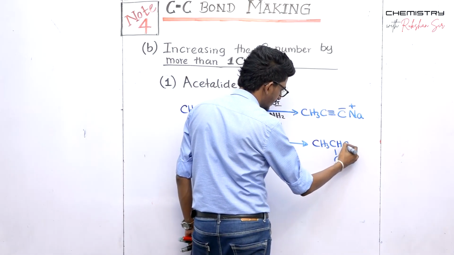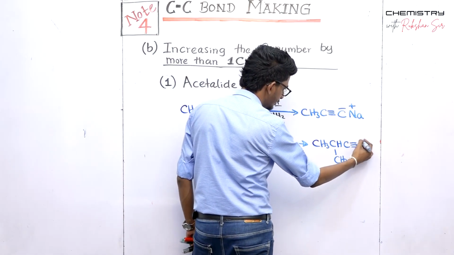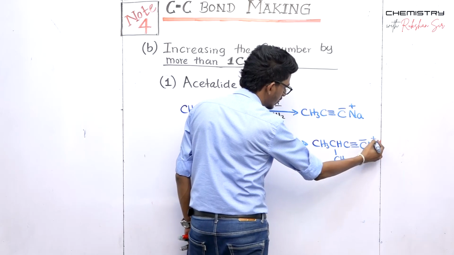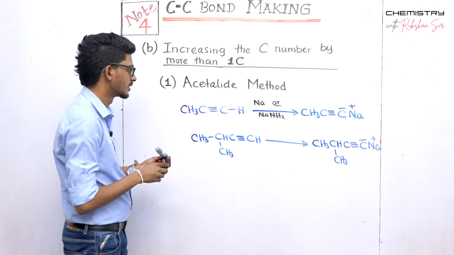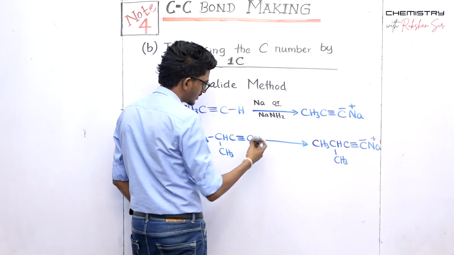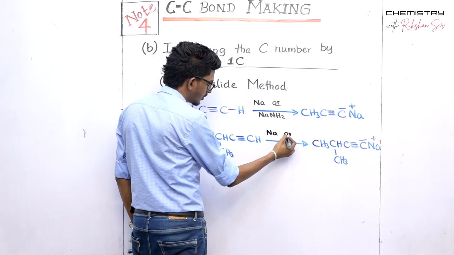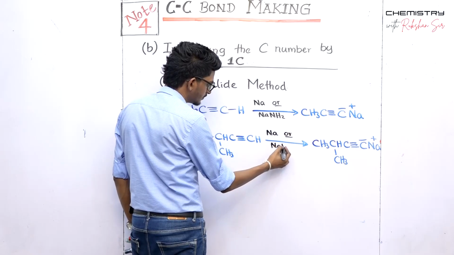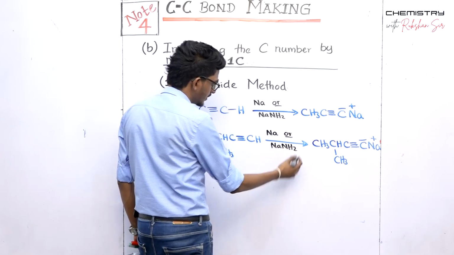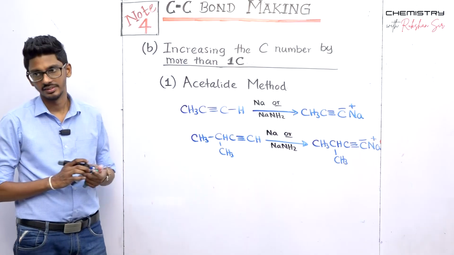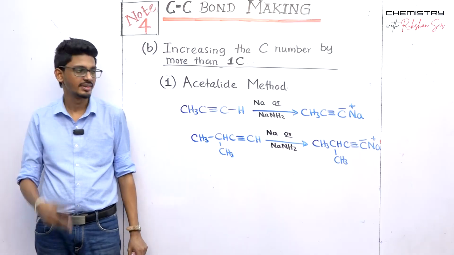These are the sodium acetylides. A negative carbon will appear. So what you need to do is just add some sodium or NaNH2. It will produce the acetylides. This is how you produce acetylide.